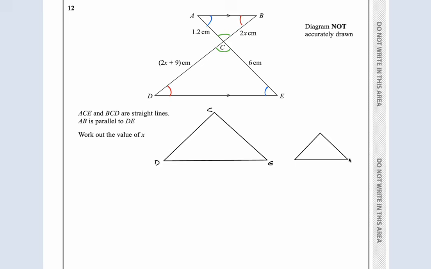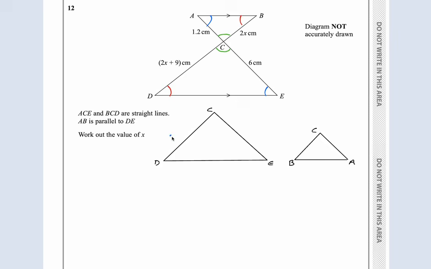But the reason I'm drawing them again is because you can get confused about which is A, B, and C. Like if you just do A, B, C here, you're going to have a problem. So the B, the red angle, corresponds to the D. So this is B here. The green angle corresponds to the green angle. So this is C. The C is the same. And the blue, the A, corresponds to this. So this is A.